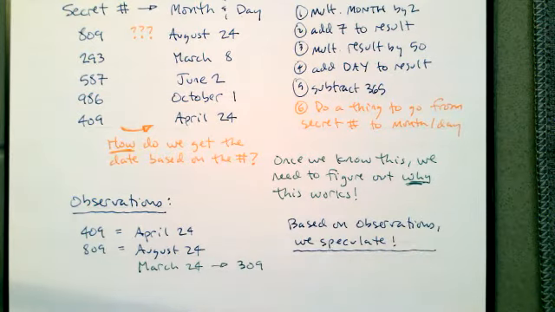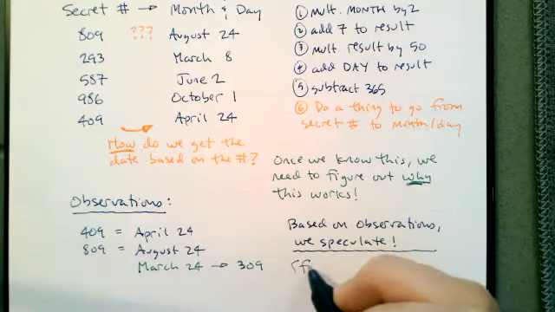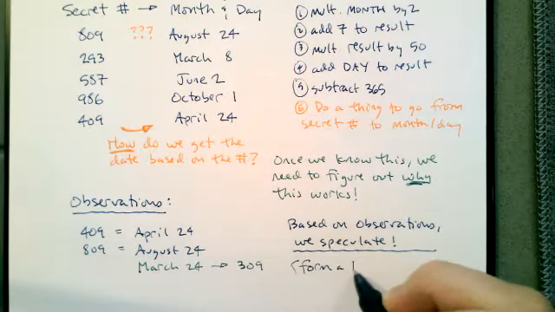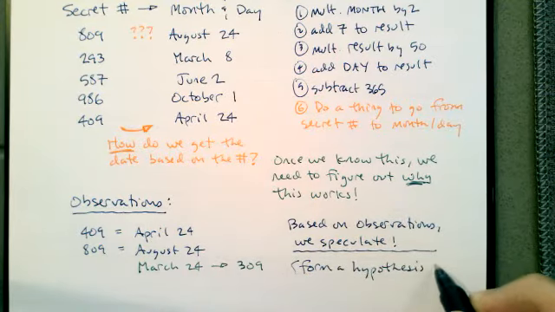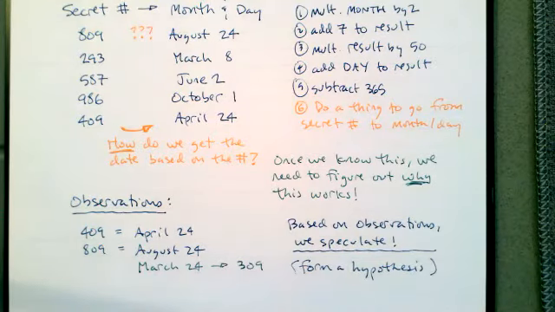What is it about the observations? And what does that suggest so that we can form a hypothesis?